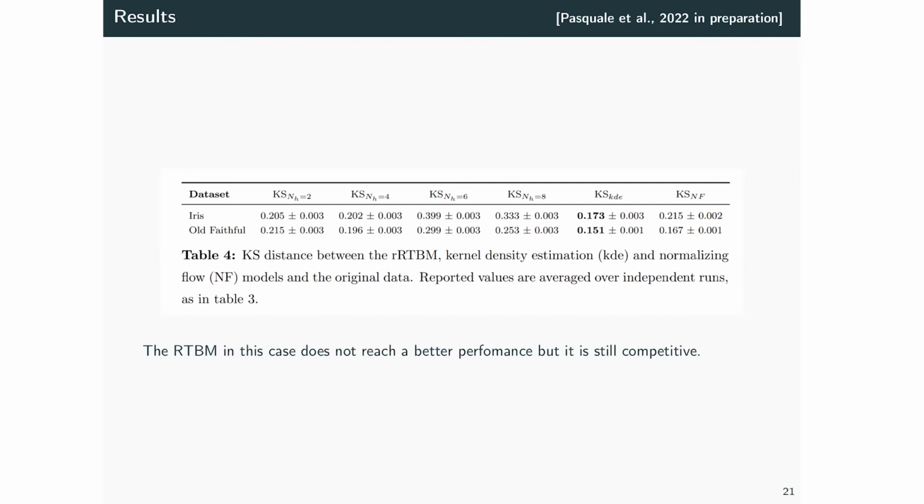And the end result is a mixture of Gaussians, which is modulated by the ratio of the Riemann-Theta function. Yes.